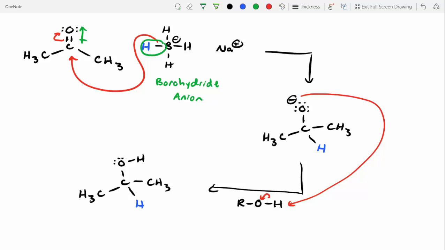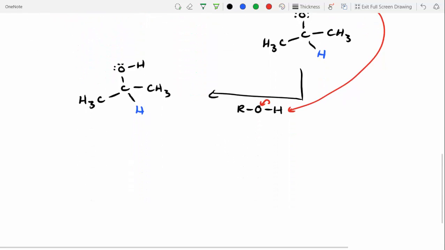Yeah, once it forms borane, BH3, then it can be a good Lewis acid and can coordinate with lone pairs. But in this case, it won't stop the reaction. It'll just keep on going. It'll typically be tied up by the alcohol after it does the reduction. It kind of comes down to competition. Because you're in a sea of solvent, it'll just coordinate with the alcohol and be inert after that.